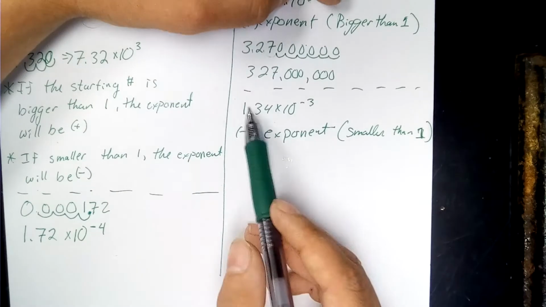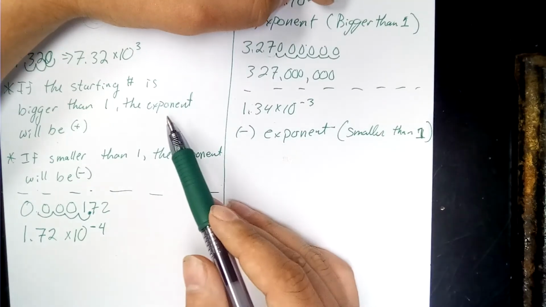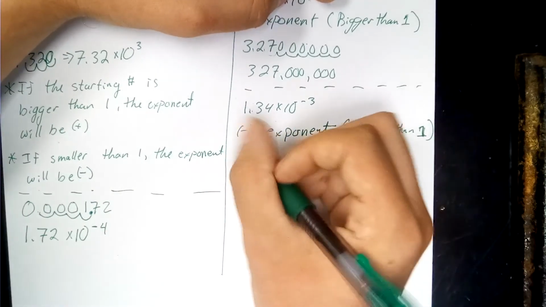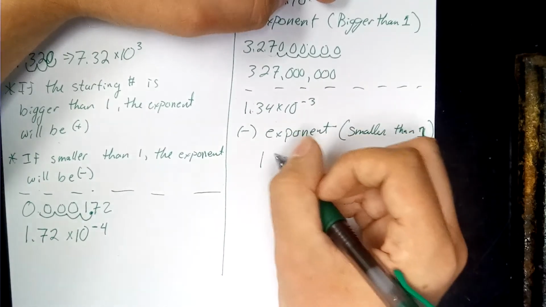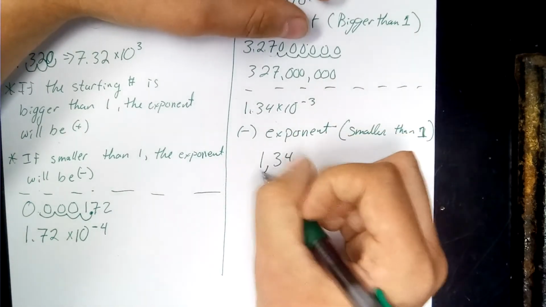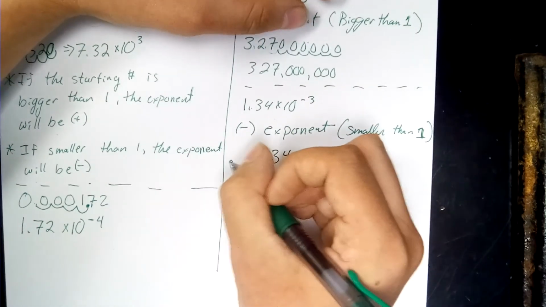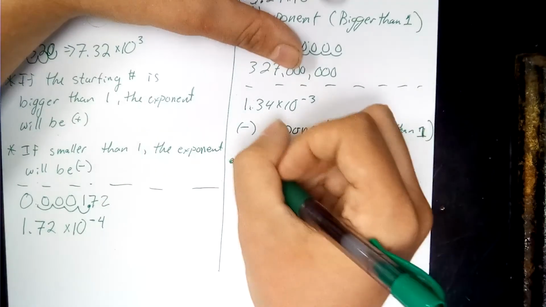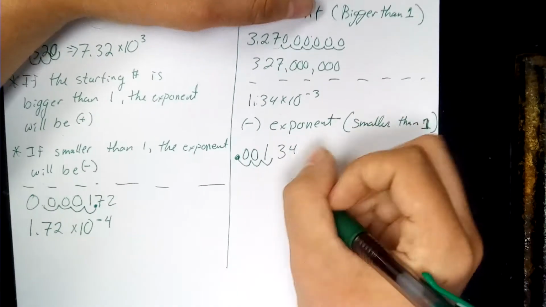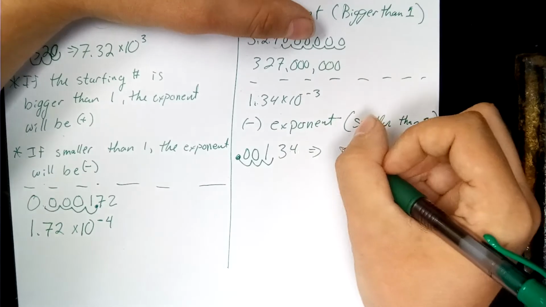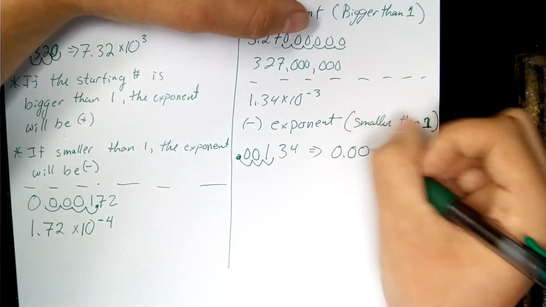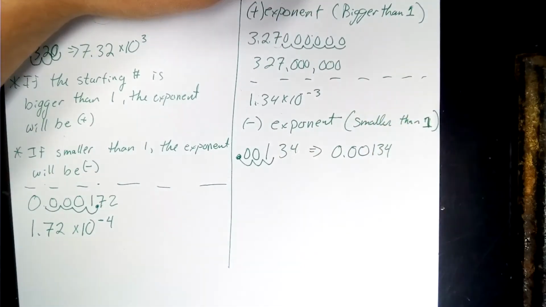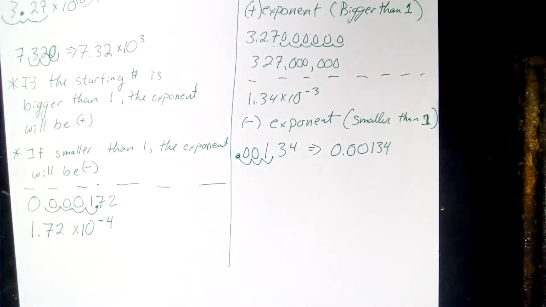So that means we're going to move our decimal place to the left. So 1, 3, 4, and if my decimal place is here, 1, 2, 3, and so it'll be right there. So we'll have 2 zeros. So to write it a little neater, we'll have 0.00134. And it's smaller than 1, it's a decimal number.